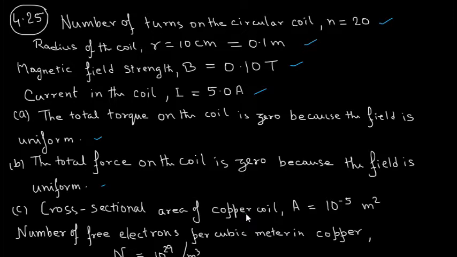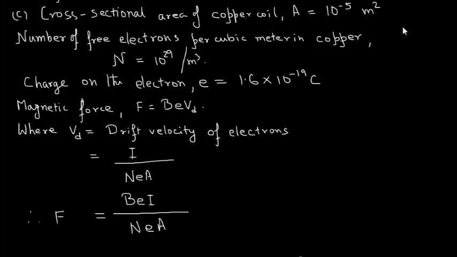So, part C. Cross sectional area of the copper wire A is equal to 10 to the power minus 5 meter square. Number of free electrons per cubic meter in copper is N equal to 10 to the power 29 per meter cube. Charge on the electron e is equal to 1.6 multiplied by 10 to the power minus 19 C. Magnetic force F is equal to BeVd, where Vd, the velocity of the electron, is equal to I upon NAe.